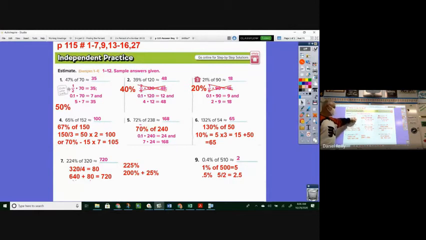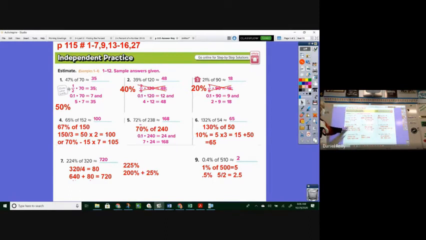The book uses fractions to get things in your head. I don't expect anyone to do that. I use the 10% rule. So make this 40%. 10% of 120 is 12, and then multiply it by 4 to get 48.